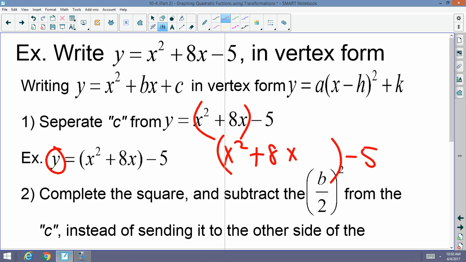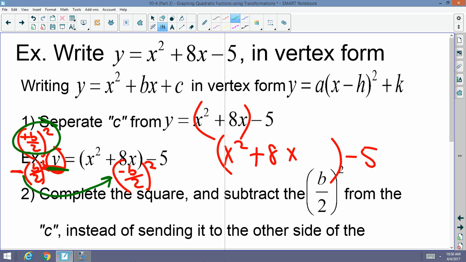If I added b over 2 squared to this side, and I want y alone, don't I have to subtract my b over 2 squared back to the other side? If I added my b over 2 squared, but I want to solve for y, don't I have to bring this b over 2 squared back as a negative?